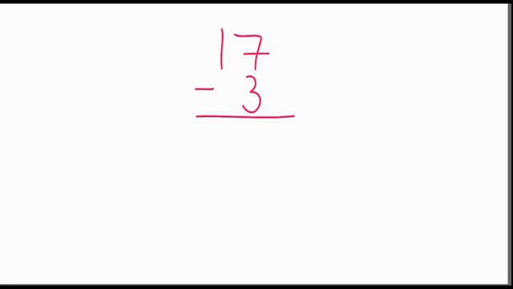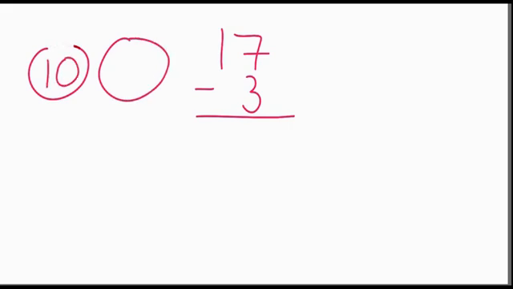So we know, and I'm going to use the circles again, that 17 is 10, because you see that 1 in the tens place there, and a 7 in the ones place. That means that 17 is 10 and 7 put together. 10 plus 7 is 17.